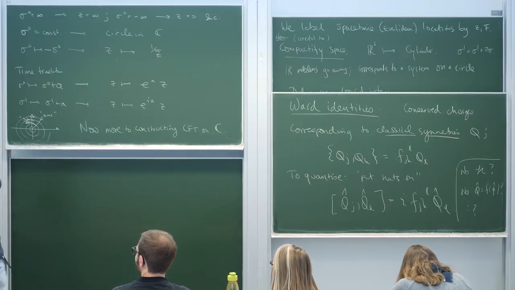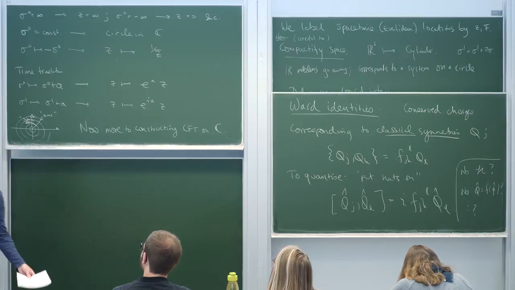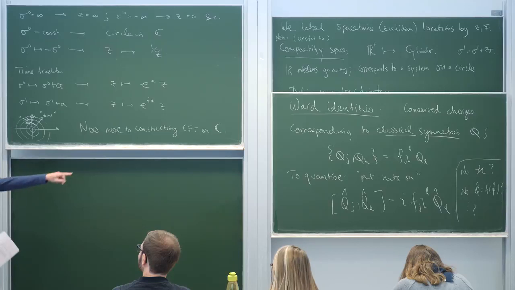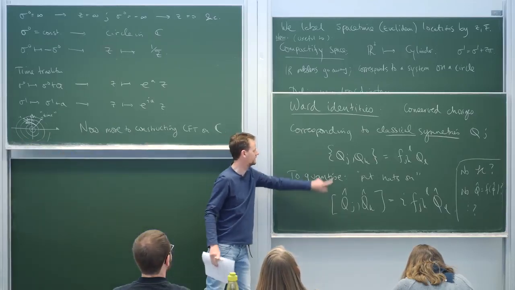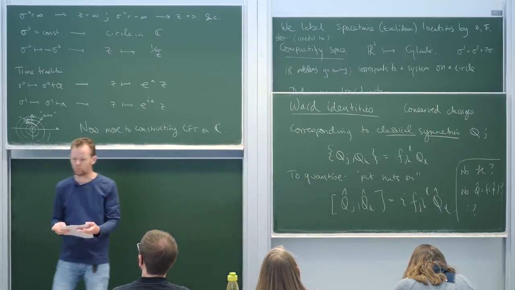So I'm going to show you a neat derivation of how to get the quantum generators corresponding to classical symmetries. This is called a Ward identity.